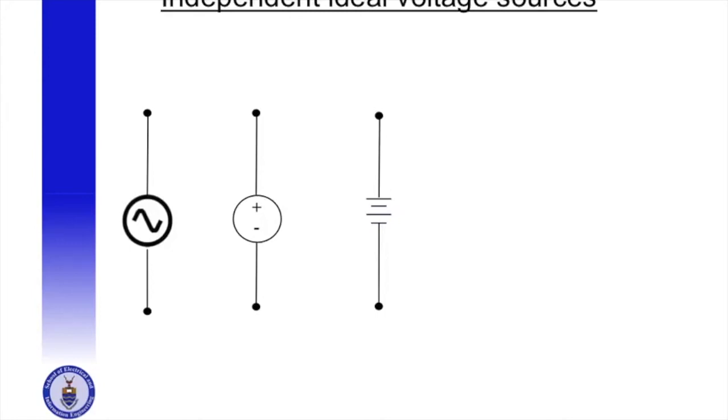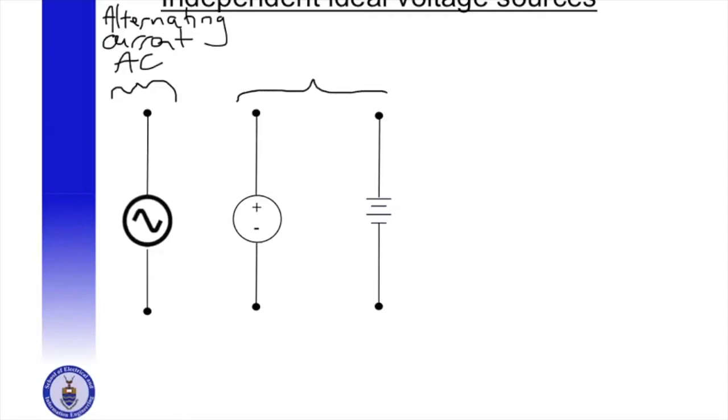For the ideal independent voltage source, we have different symbols to represent ideal independent voltage sources. So this one here with a little sine wave, that is the symbol that we use for an alternating current voltage source, or an AC voltage source.